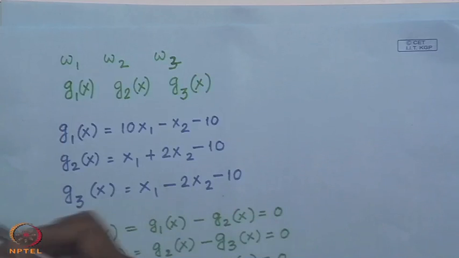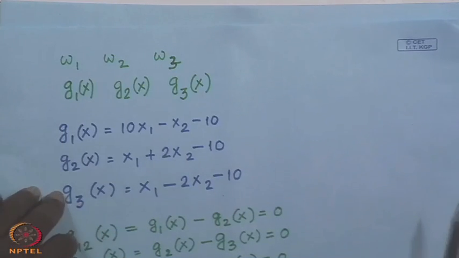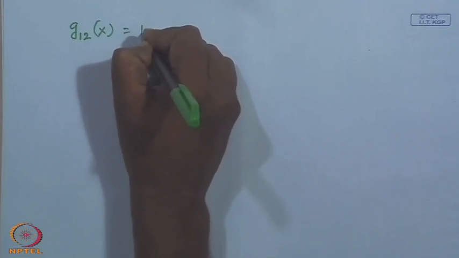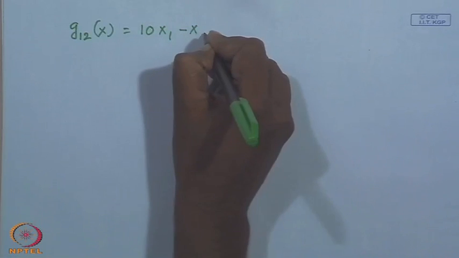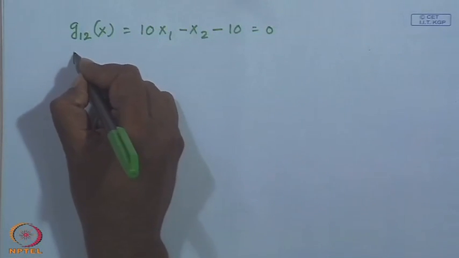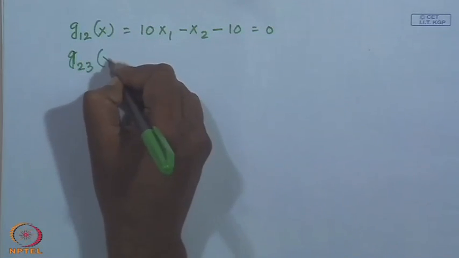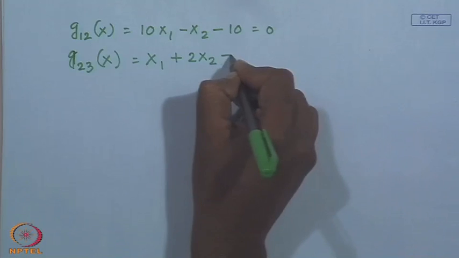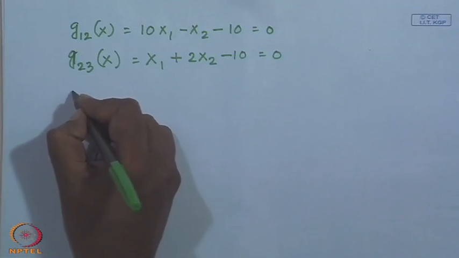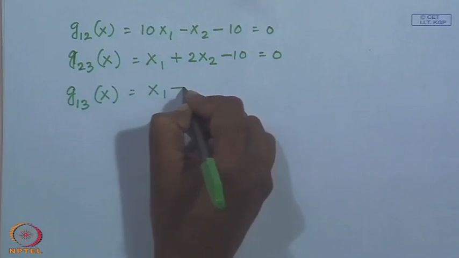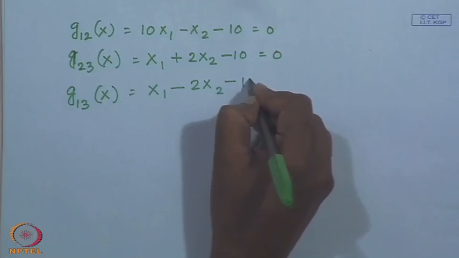In other words, say g12(x) = 10x1 - x2 - 10 = 0, g23(x) = x1 + 2x2 - 10 = 0, and say g13(x) = x1 - 2x2 - 10 = 0.